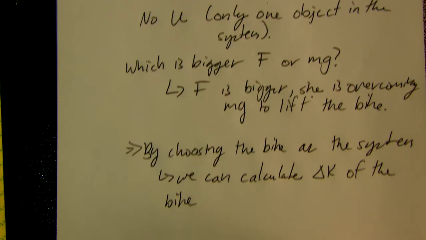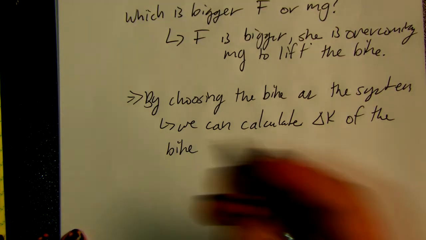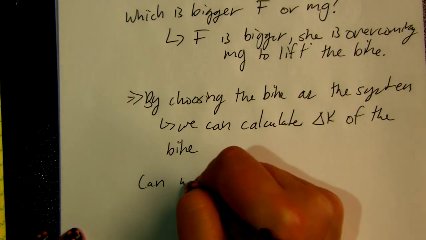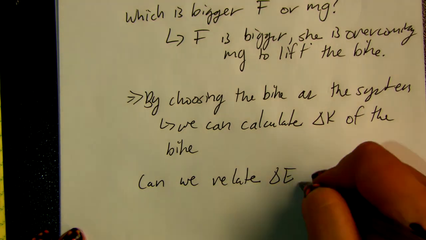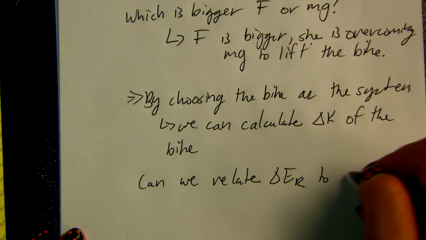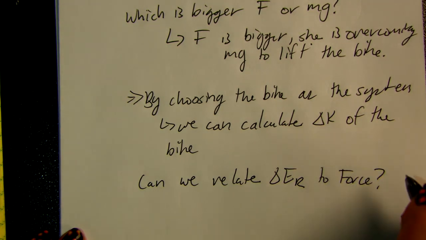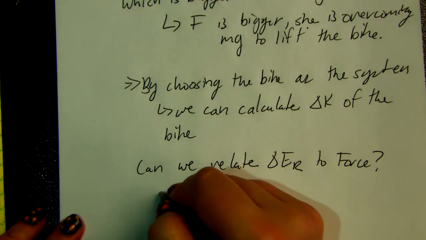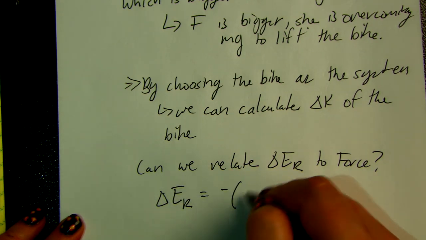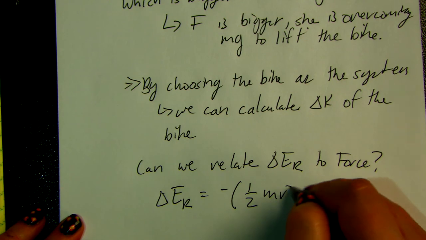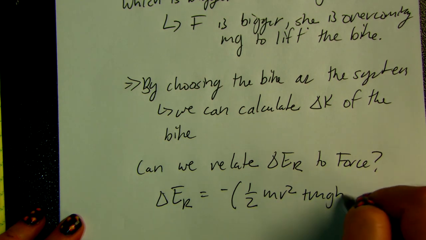You could ask, since we've already calculated delta E of the racer, can we relate delta E of the racer to force? And we can, so let's compare them. We have the change of energy for the racer is equal to minus (1/2 mv squared plus mgh).